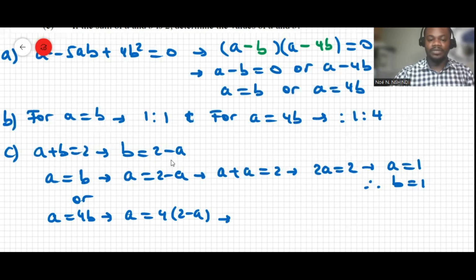Then this will be a equals 8 minus 4a. If I move the negative 4a over, it becomes 5a equals 8, and that means a equals 8 over 5.